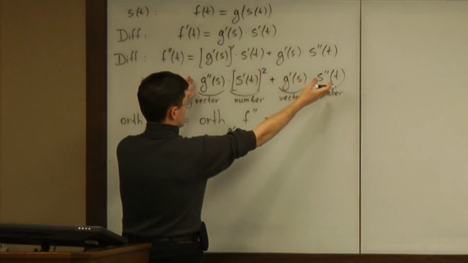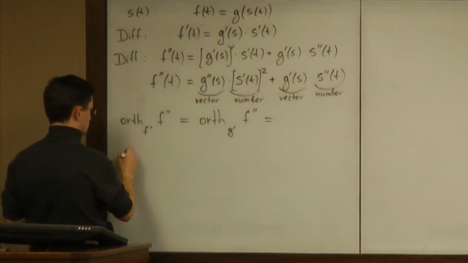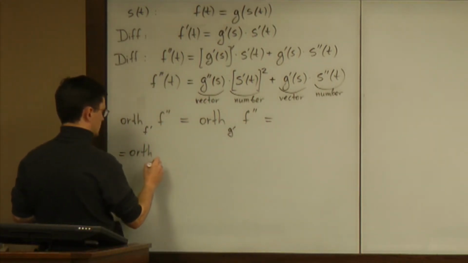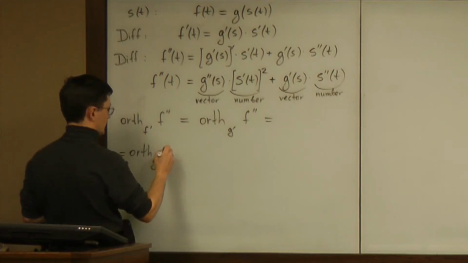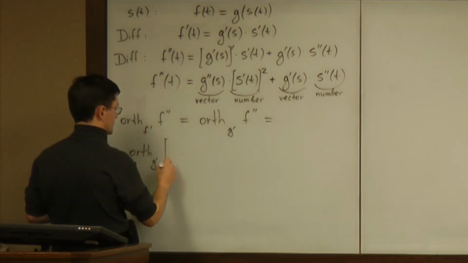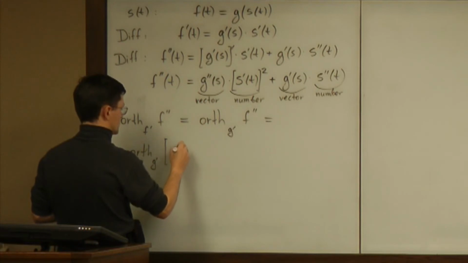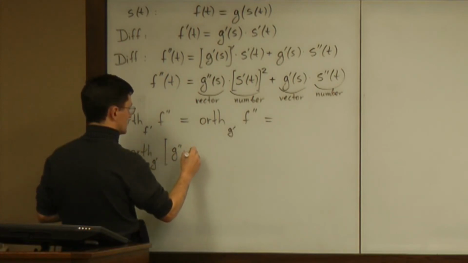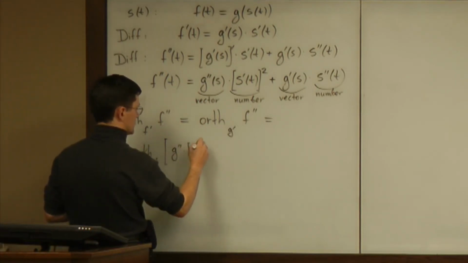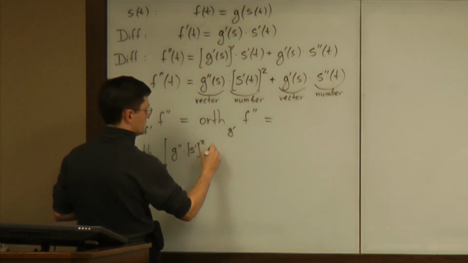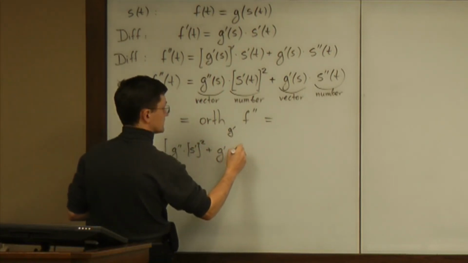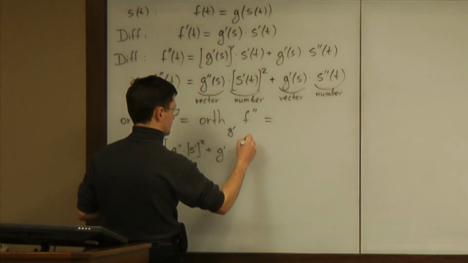So let me just take this formula and stick it in. So I have the orthogonal component with respect to g prime of the vector g double prime times s prime squared plus g prime times s double prime.